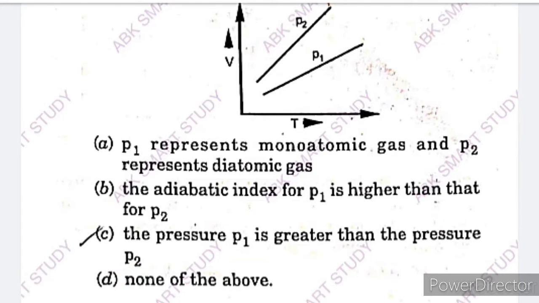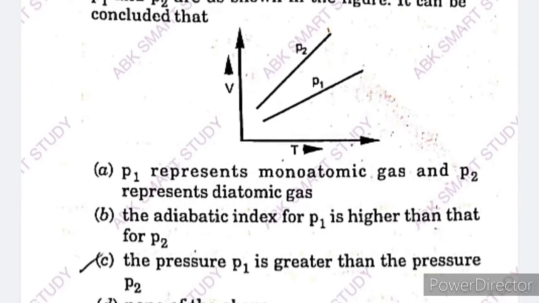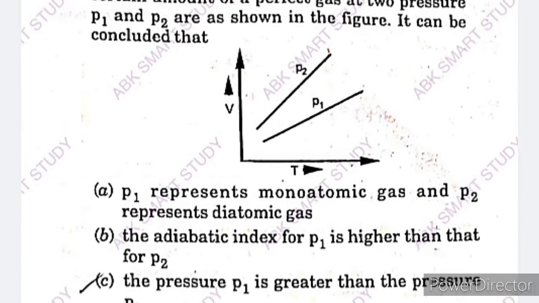So in the given graph we know that when pressure is greater then its temperature is also greater. So for P1 pressure is greater and P2 is less. Here P2 temperature is less and P1 is maximum. So when pressure is maximum, its temperature is also maximum. So in option C, the pressure P1 is greater than the pressure P2 is the correct answer.